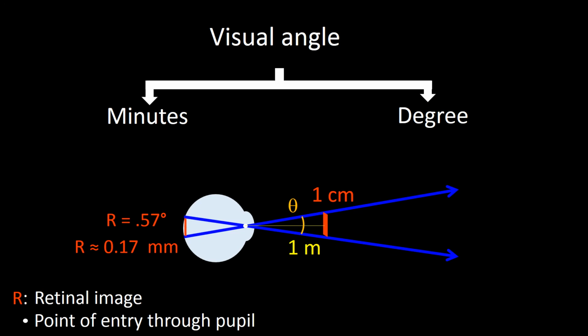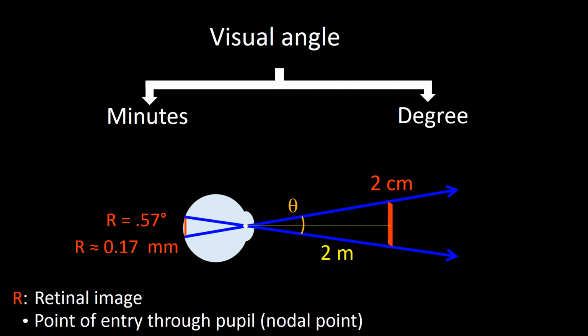If a person looks at an object that is 1 centimeter at a distance of 1 meter, the object will create a retinal image that will occupy 0.57 degree of retina. This corresponds to more or less 0.17 millimeters of retina.